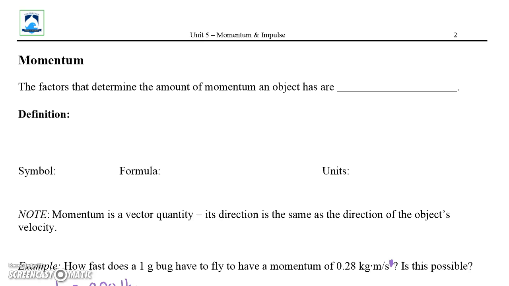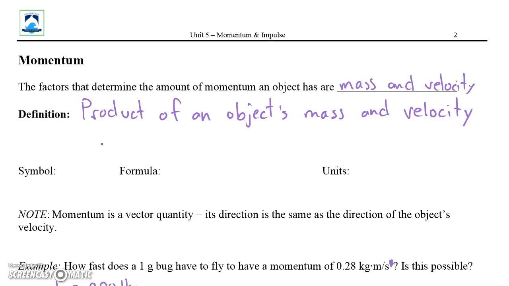So we talked about how the things that determine the amount of momentum an object has are its mass and velocity, which gives us a definition of a product of an object's mass and velocity. So it's really not saying anything totally exciting.